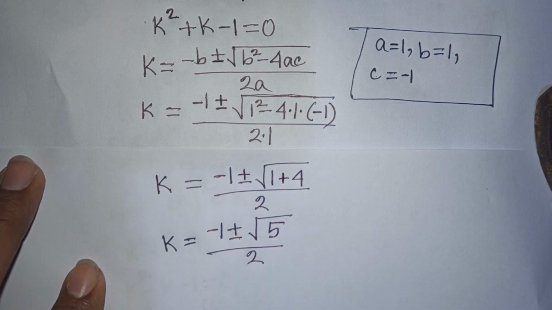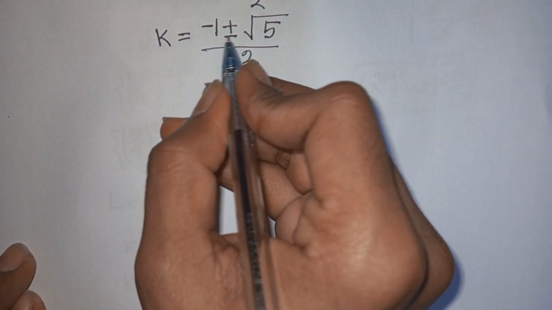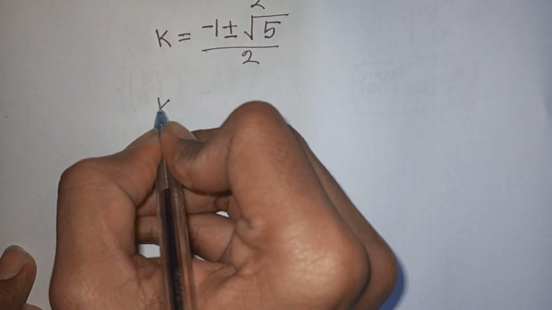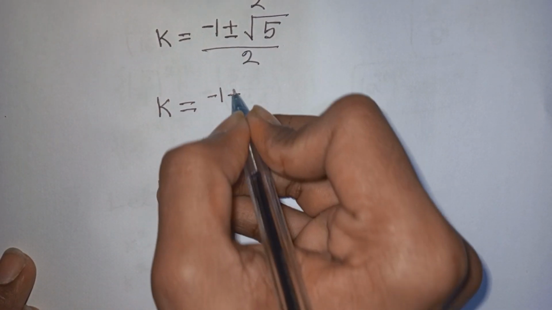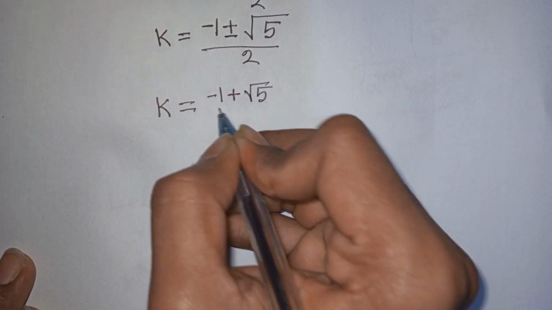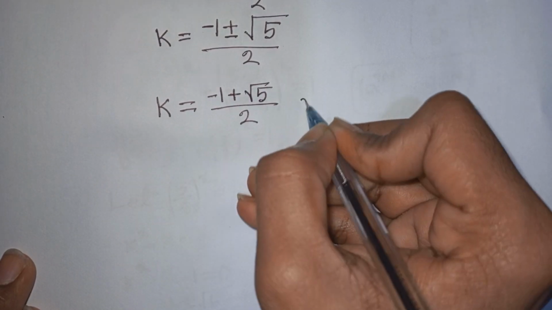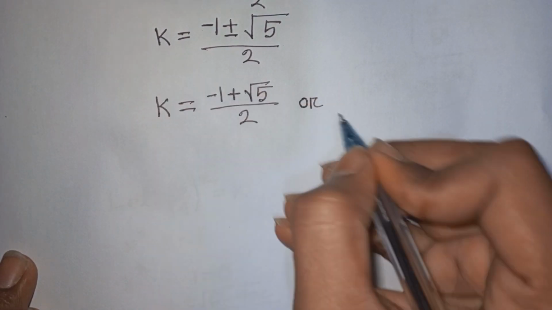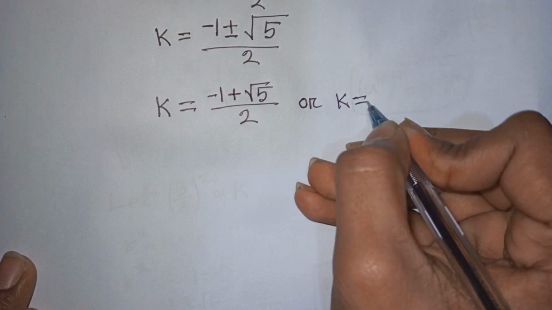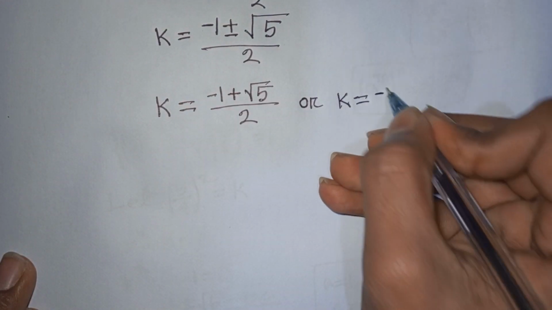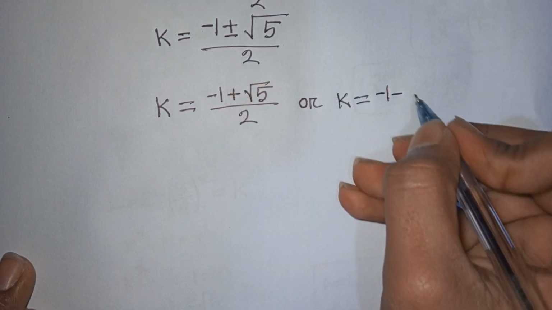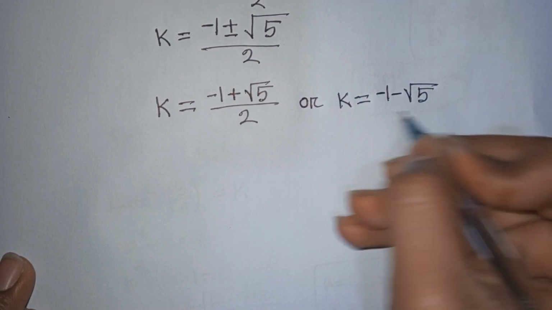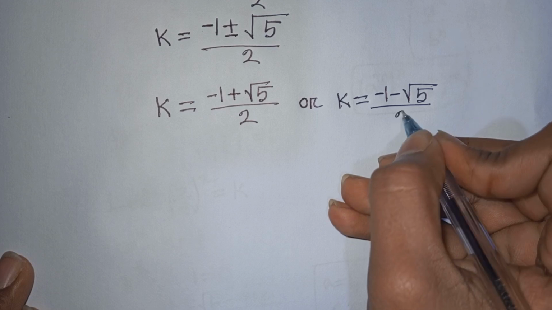Now we see here two cases, so you can write here k is equal to minus 1 plus a square root of 5 divided by 2, or k is equal to minus 1 minus a square root of 5 divided by 2.